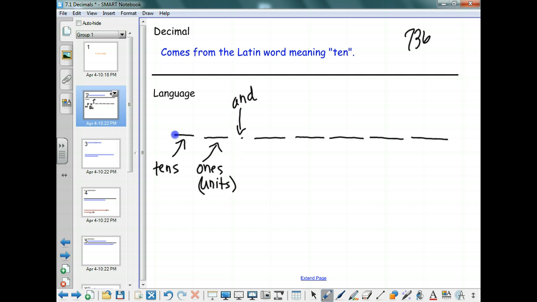So that decimal point actually has a word that goes with it. What's that place? That's tenths. And it's got that THS on the end. What's after that? That's hundredths.